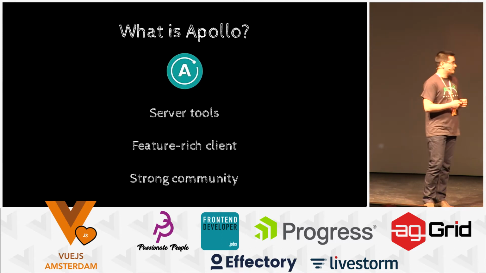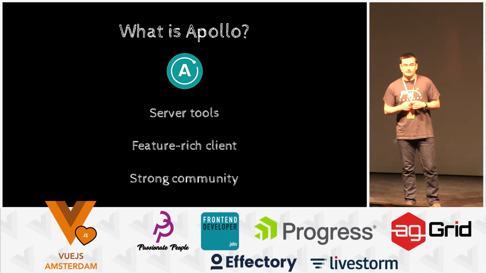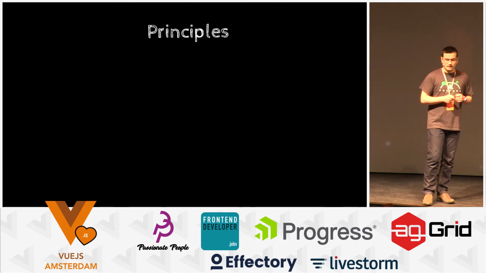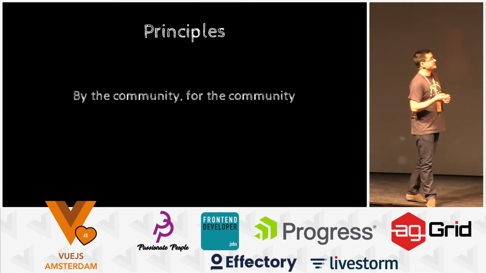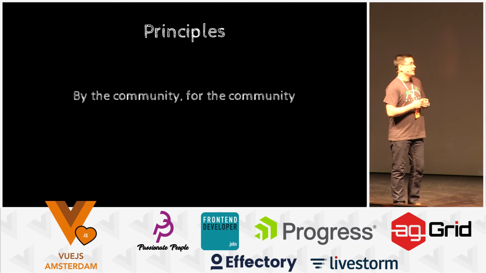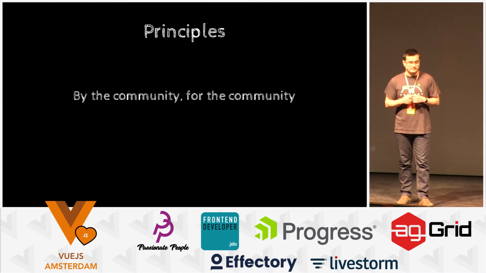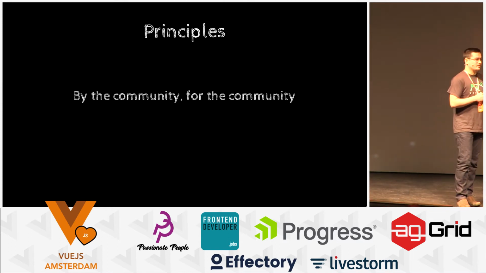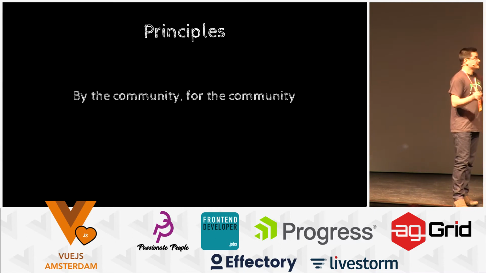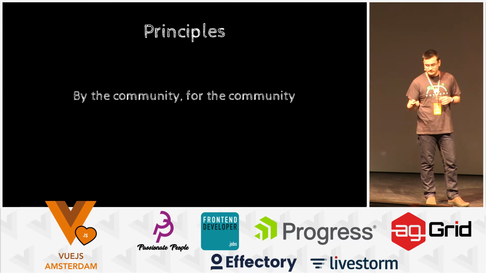And then you've got a very strong community with lots of community projects around Apollo GraphQL. And it's driven by a few principles, like by the community for the community. It's built by Meteor Development Group, which is a company using open source a lot. So they take this very seriously.